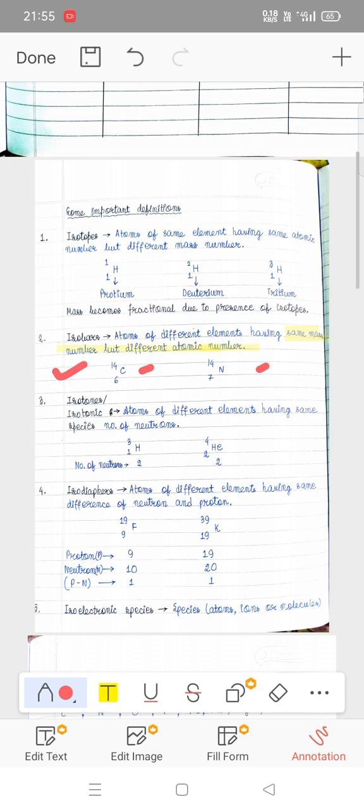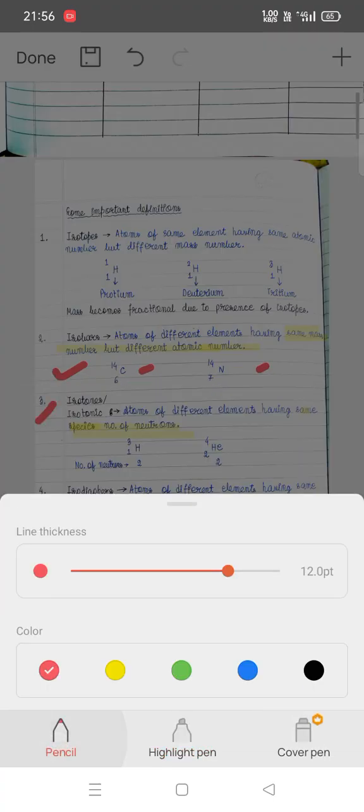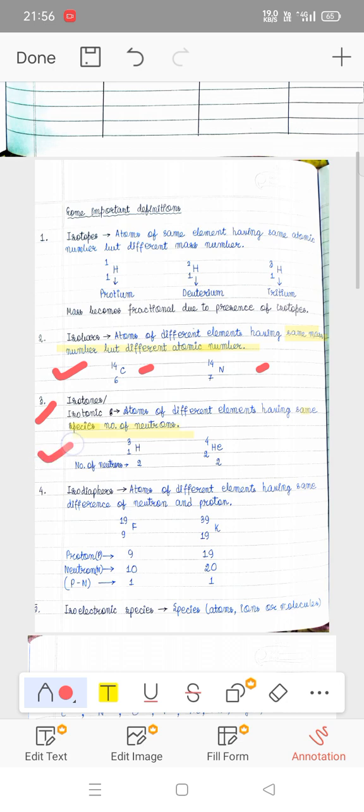Next we are coming to isotones. It is also called isotonic species. What is the definition of isotonic species? Atoms of different elements having same number of neutrons. For an example, you can see hydrogen, that is tritium 3,1 and helium 4,2.